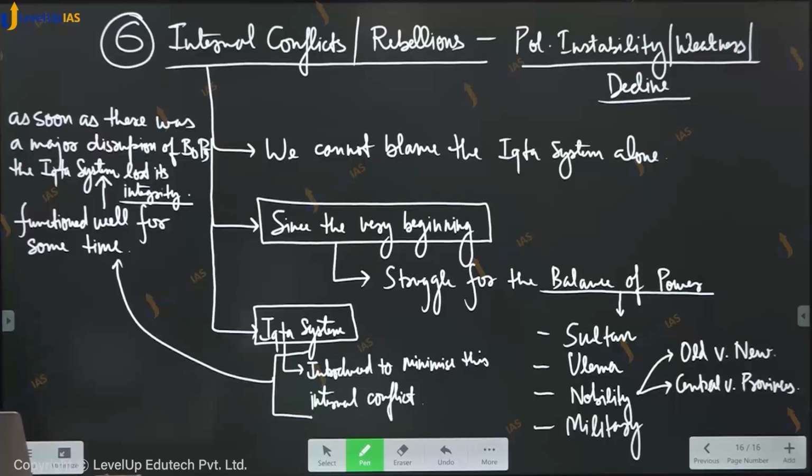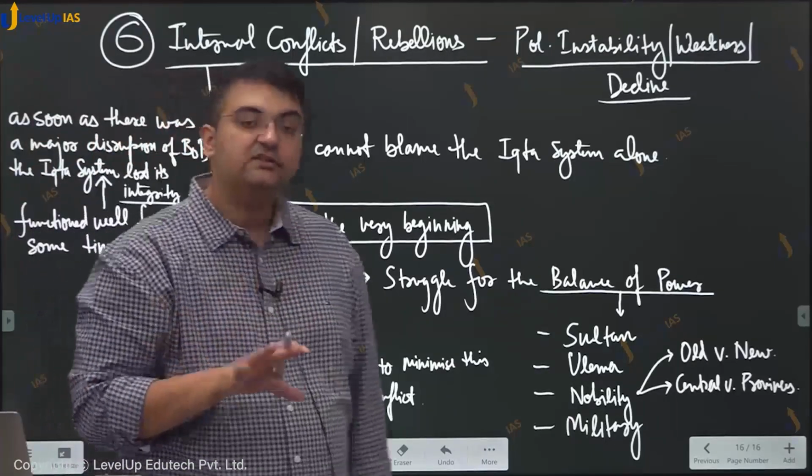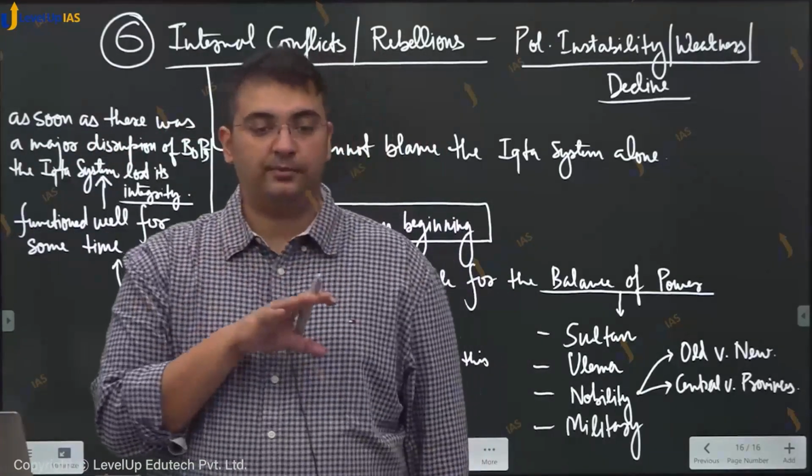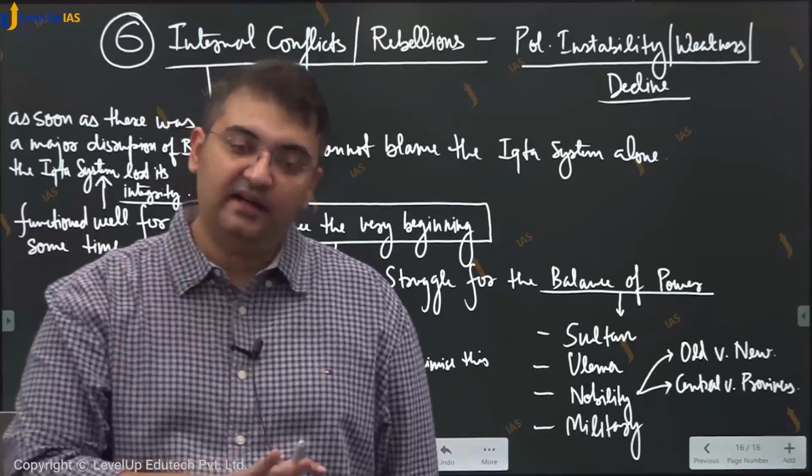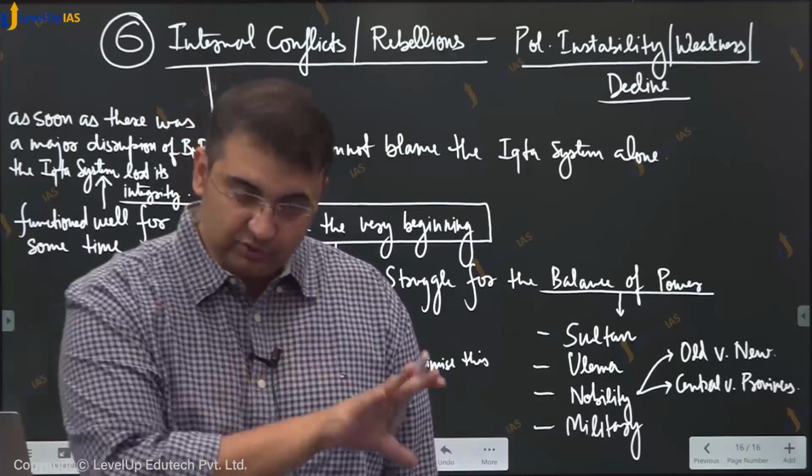Okay? It stopped performing the functions that it was supposed to perform, that is, ensure revenue centralization and align the interests of the provincial nobility with the Sultan.